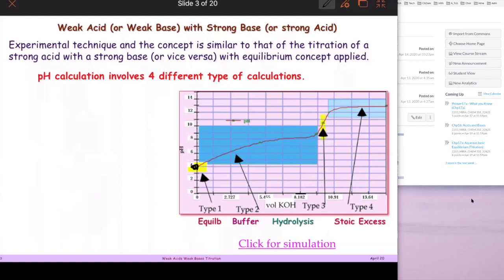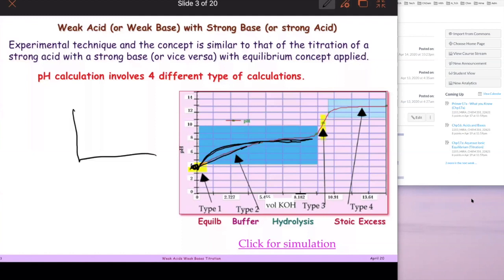That's why the pH starts low. The thing about weak acids is that they initially go up fast, and then it sort of levels off, especially in the buffer region. A lot of titration curves will look like this, especially for weak acids.